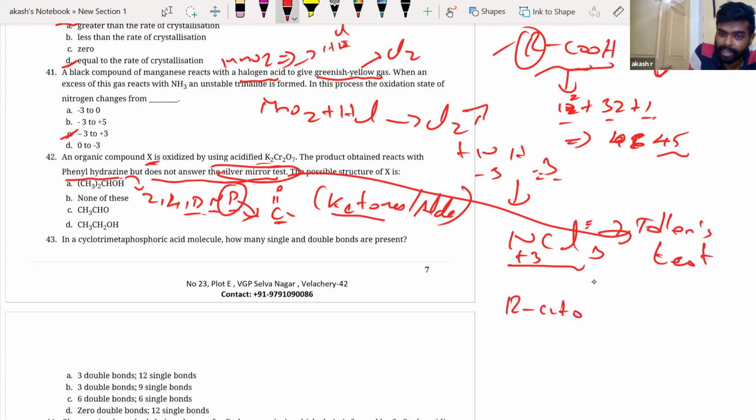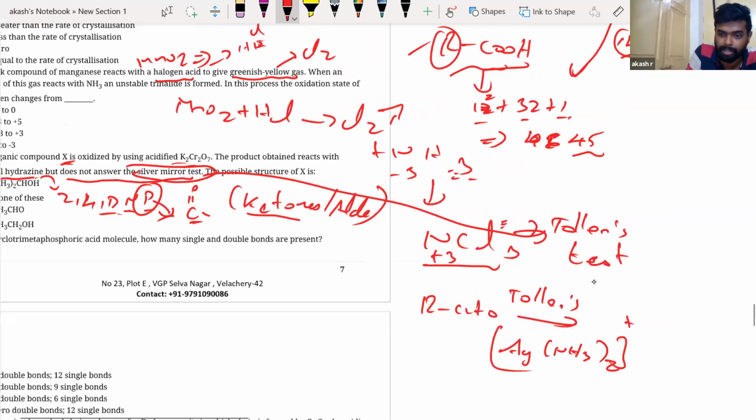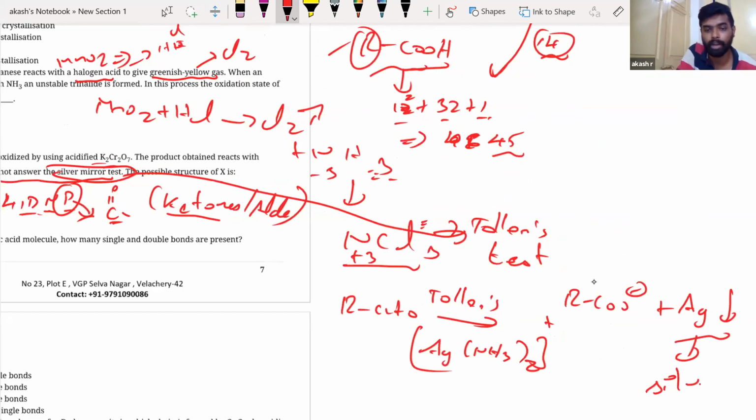If I have an aldehyde and put Tollens reagent, that is ammoniacal silver nitrate, I'll represent it like this, Ag(NH3)2 plus. So when I have an aldehyde with Tollens reagent, you are going to form RCOO minus, plus Ag is going to get deposited. This is my silver mirror. Now you understood that Tollens test and silver mirror test are the same.